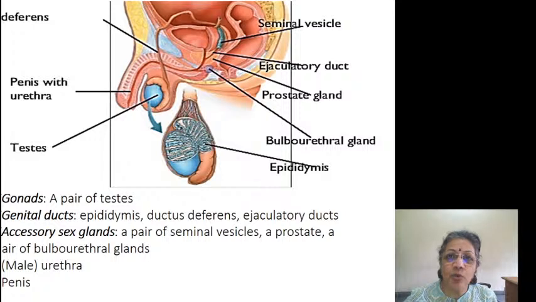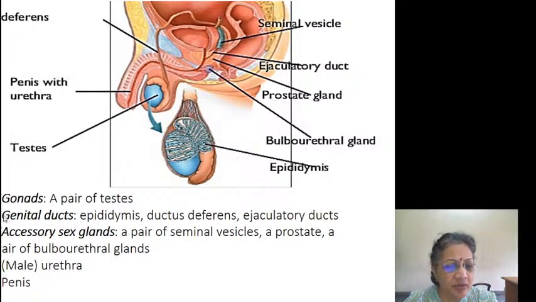So there is a whole speciality called andrology, which deals with male reproductive function, just as gynecology deals with female reproductive function. So we won't go into that right now. We will just look at which part of the male genital tract adds what, and for the function of adding that, what does it look like under the microscope.